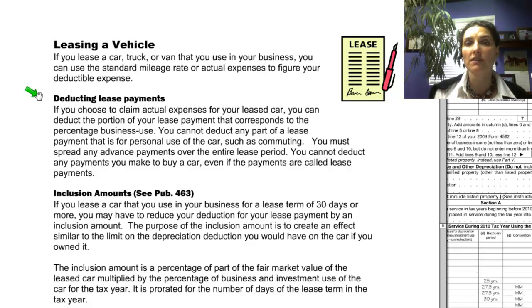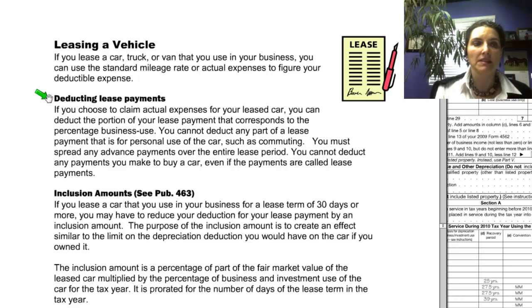When you're using a car, that car is dropping in value, and that depreciation or loss in value is factored into your lease payment. So clearly, if you're allowed to deduct the lease payment in full, then the passenger automobile limit is not really affecting you. It's kind of a way around that limit on passenger automobiles that people do take advantage of.